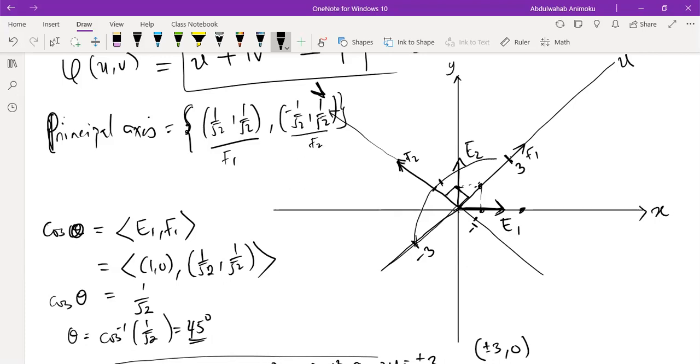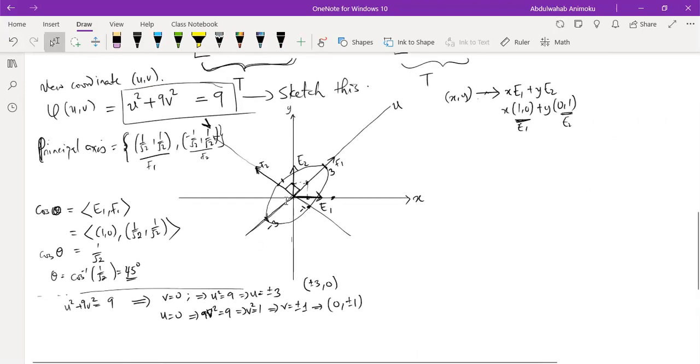So it looks like this. So let's say here is the minus 1, okay? Right. So this is the equation of an ellipse. So that is the sketch of the function. The function is an ellipse basically that passes through those coordinates, okay?